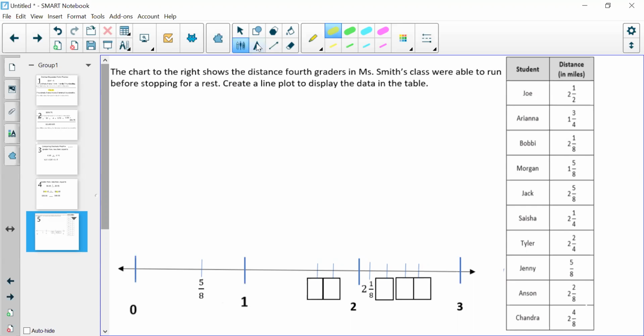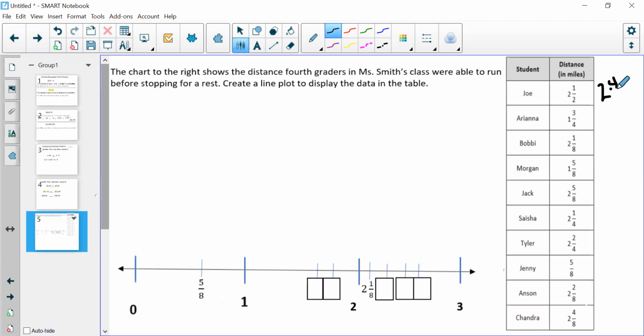Whoops, I don't want a highlighter, I want a pen. So 2 1/2 is the same. Oh, let me see if I can change this. Okay, here we go. 2 1/2 is the same as 2 4/8.